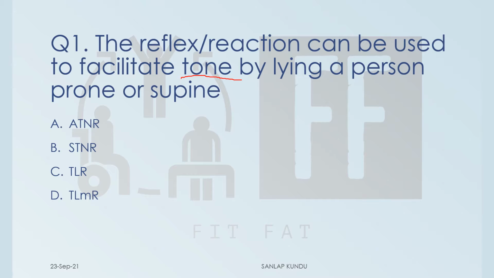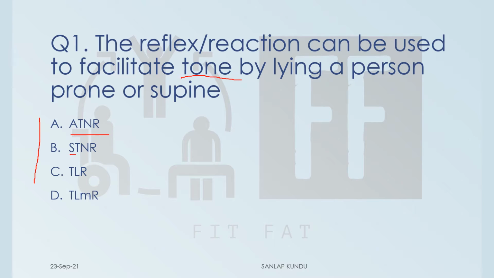So in brainstem reflexes, there is ATNR, STNR, and TLR, right? So what does ATNR say? In ATNR, the stimulus is a rotation of the head to one side, and the response we get is flexion of the skull limbs and extension of the jaw limbs. So this is not the answer.